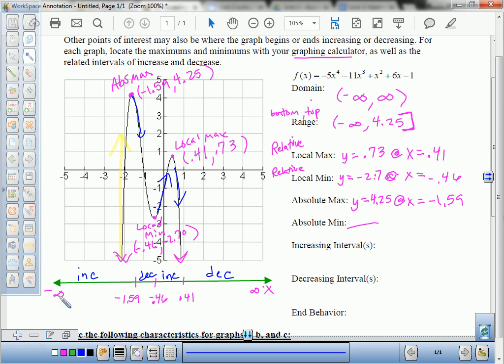So my increasing interval starts off at negative infinity, and it goes to negative 1.59. And then I have another increasing interval from negative 0.46 to 0.41. My decreasing intervals are here and here, so that one goes from negative 1.59 to negative 0.46, and then my second decreasing goes from 0.41 to infinity.